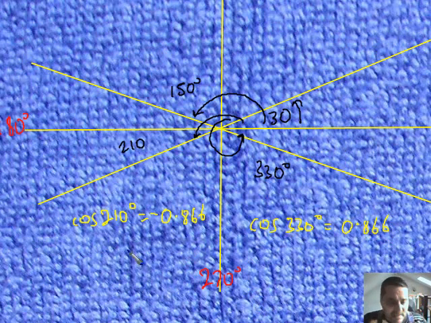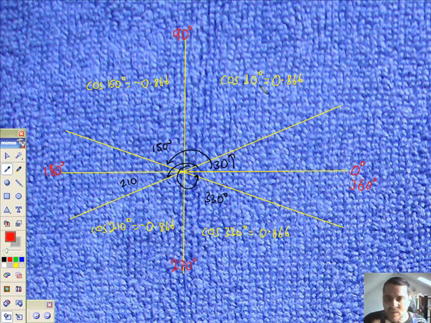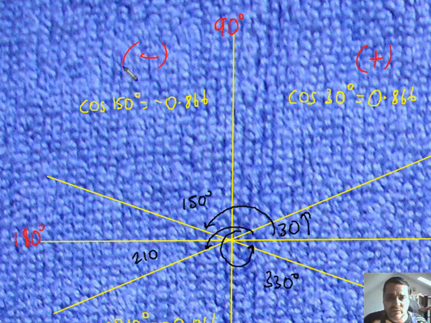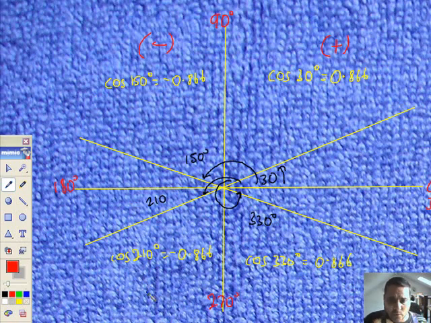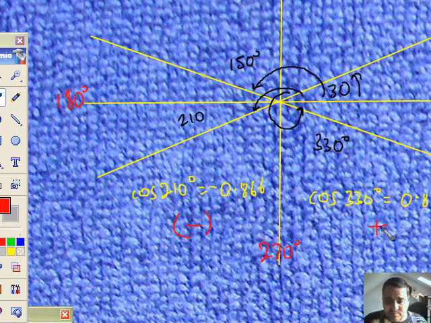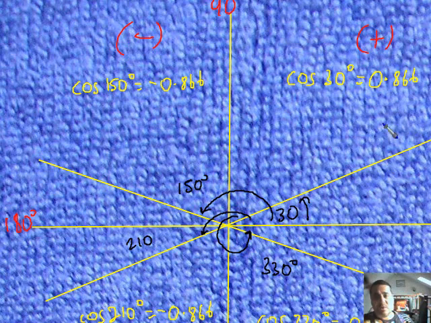Okay, so what have we got then? We have got, obviously, cosine is positive in the first quadrant. In the second quadrant it's negative. In the third quadrant it's negative. And in the fourth quadrant it's positive. So when we've got angles from 0 to 360, all the cosines are positive in the first quadrant up to 90.